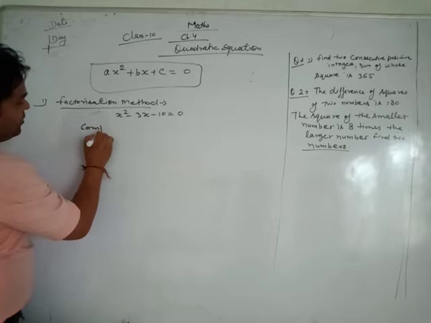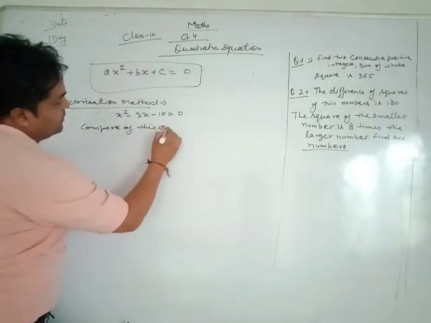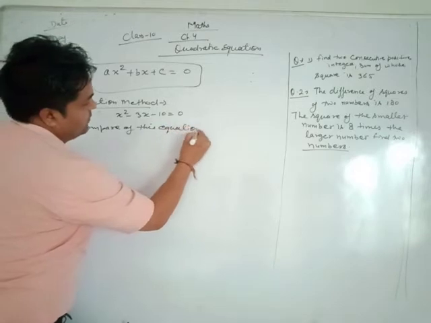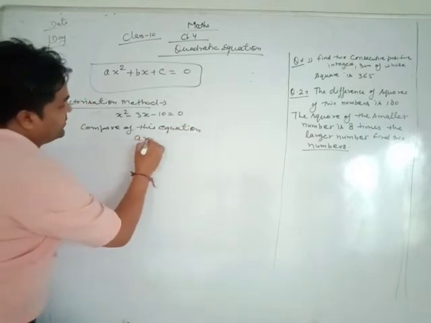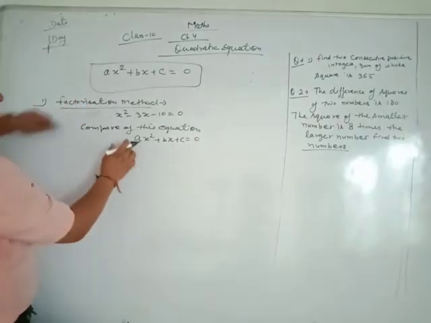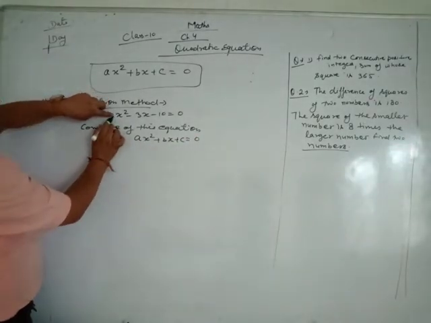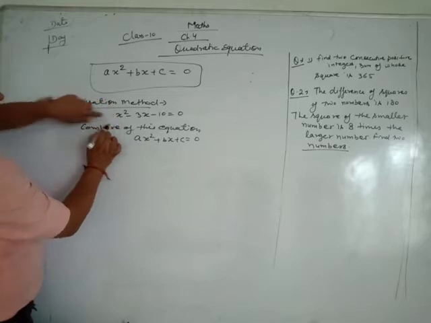Now, what is the procedure? Compare this equation with ax square plus bx plus c equal to 0. If there is no real number written, we can say it is 1.